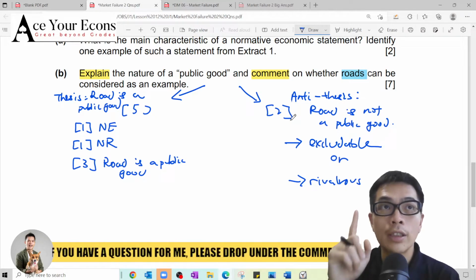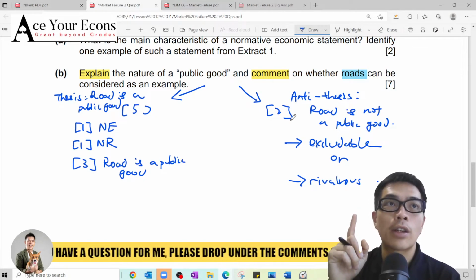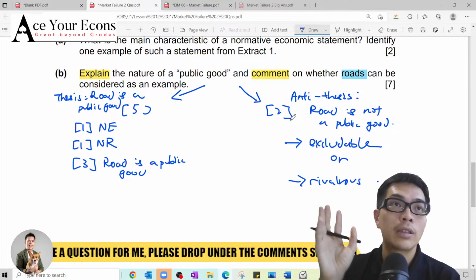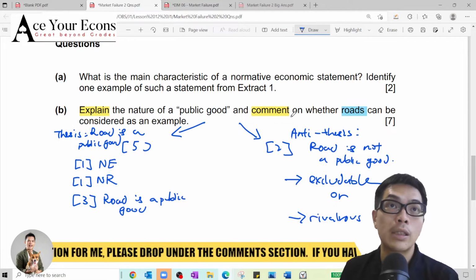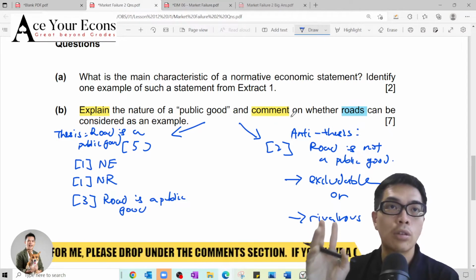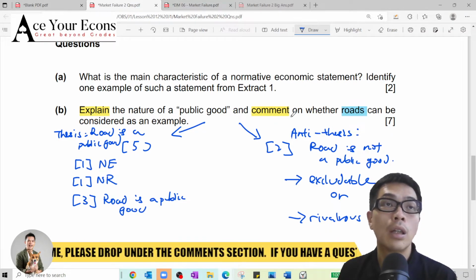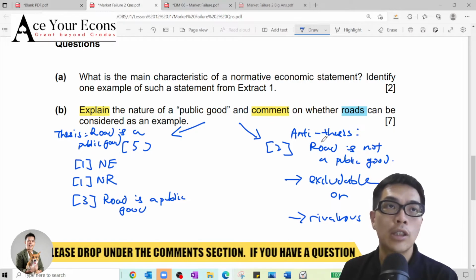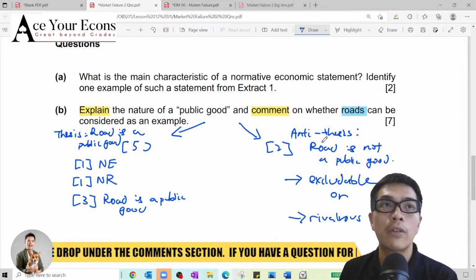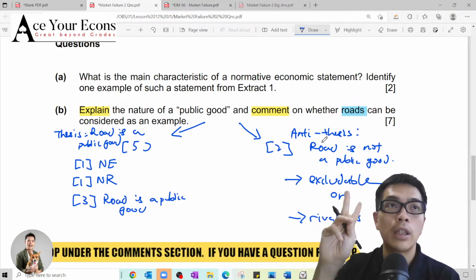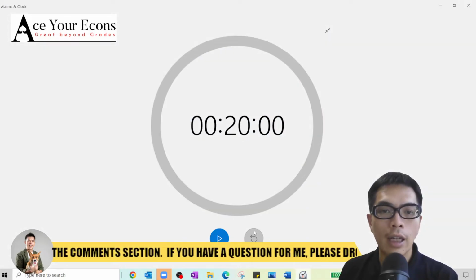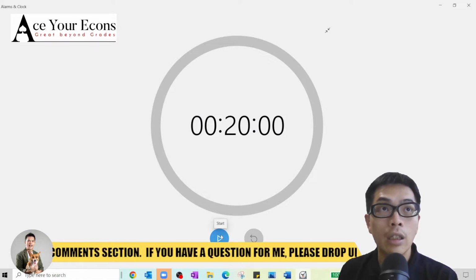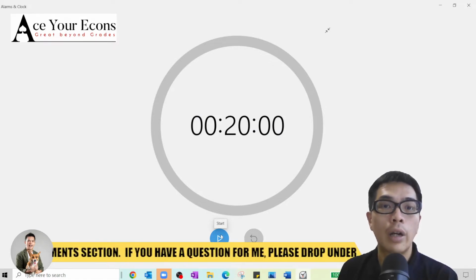My first year students, granted this is your first time doing such a question, I'm going to give you all 20 minutes. So my second year students should strive to finish within 15 minutes. This is the suggested difficulty that I have for all of you. Is everyone clear? First year 20, second year 15. With that, I'm going to start the timer. When you are ready, you can kickstart right now. Good luck.